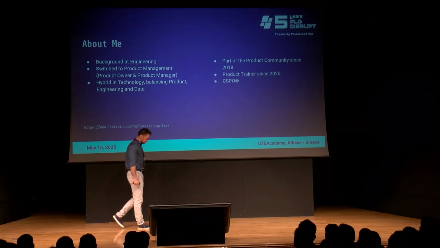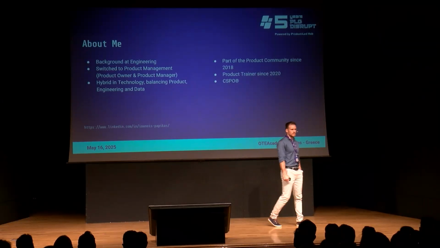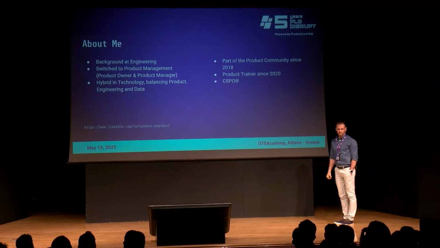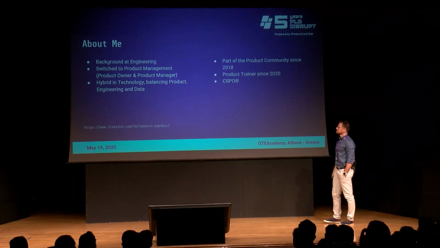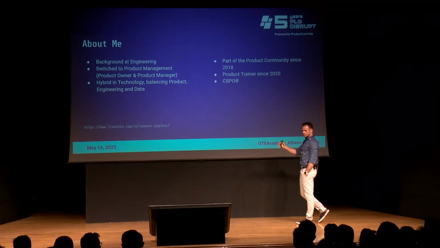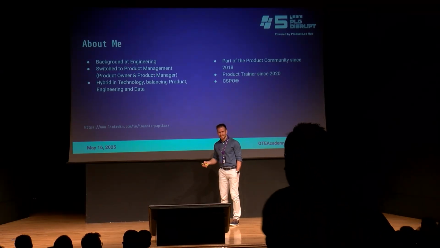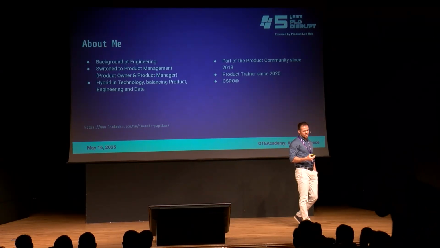Let's introduce ourselves. This is me. My background is engineering. I was working as an engineer for a few years back, but then I loved product more, and I switched to product management, both product owner and product manager. So I started drifting away from engineering, but then I got back. Right now I'm like a hybrid.